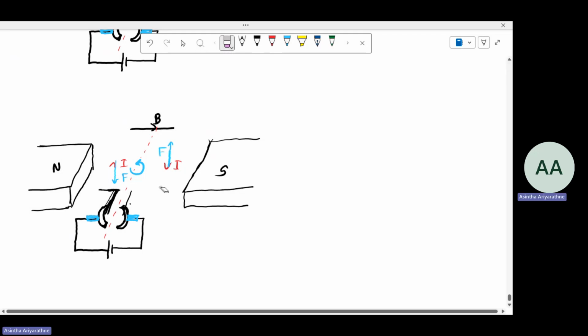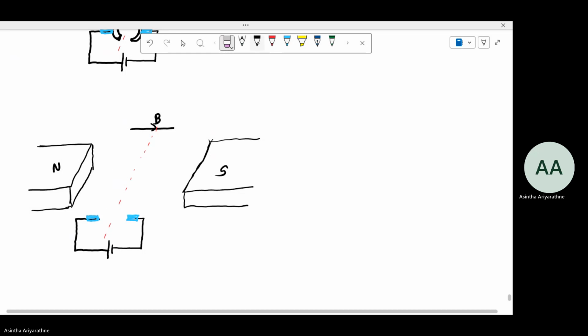Let's say due to this torque, the loop has rotated halfway, somewhere here.